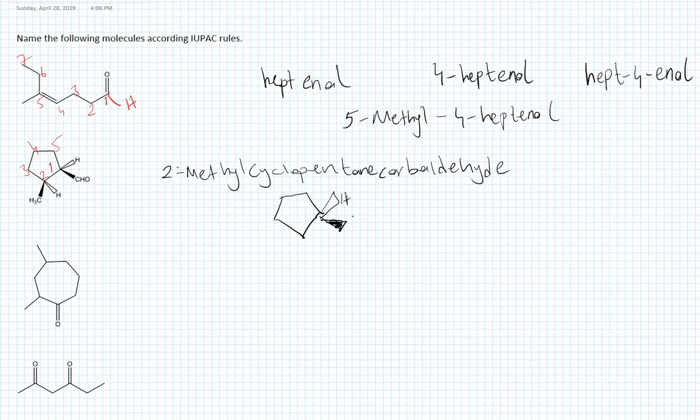This is solid CHO. Let's number the groups, then we can assign the R or S configuration. So this carbon is number 1. Let's not forget this part also. This is CH3 and this is hydrogen.